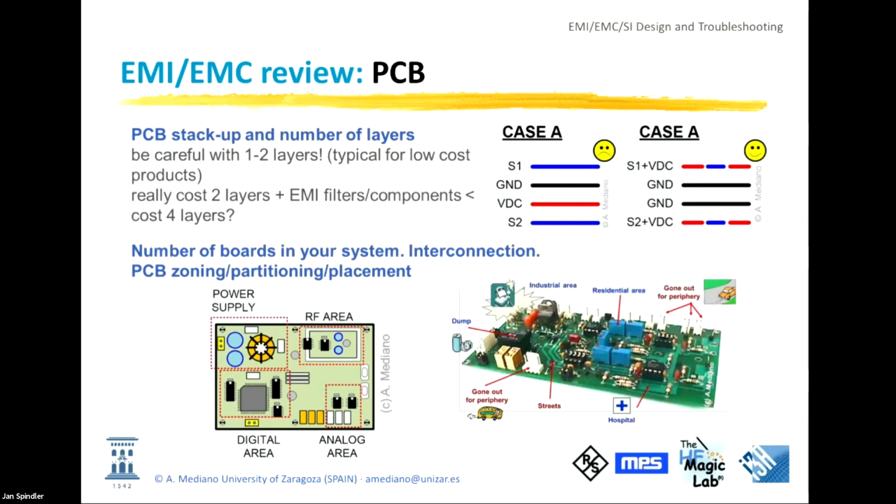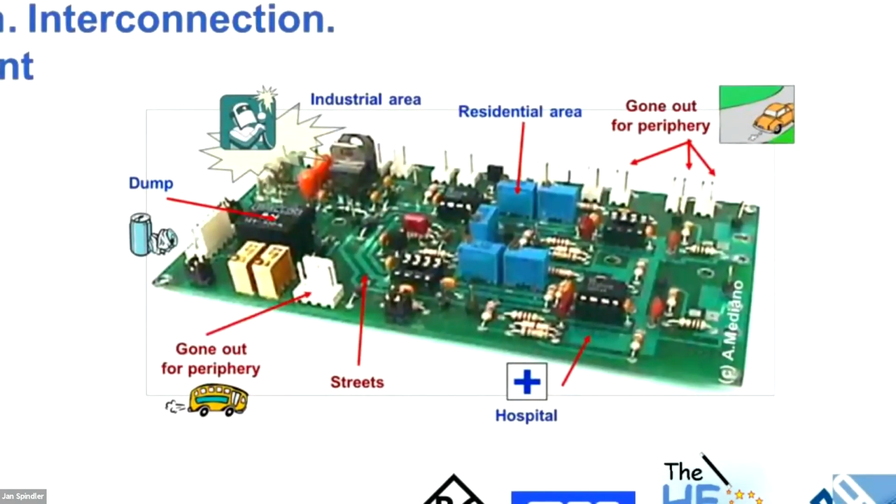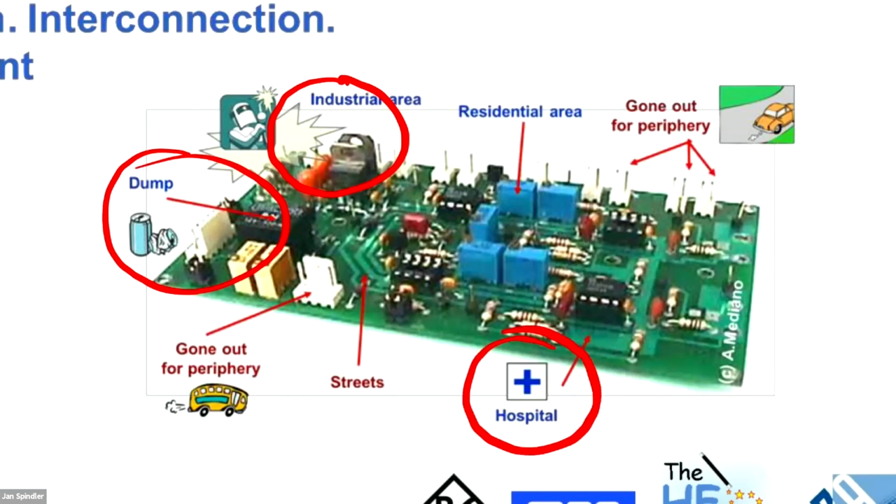You can compare this with a city, no? You have a product, what is the power electronics area, or what is the, I don't know, the radio frequency area? It's something like, for example, the industrial area or dump. And what is sensitive in your circuit? In your circuit, sensitive is something like the hospitals and the schools, no?